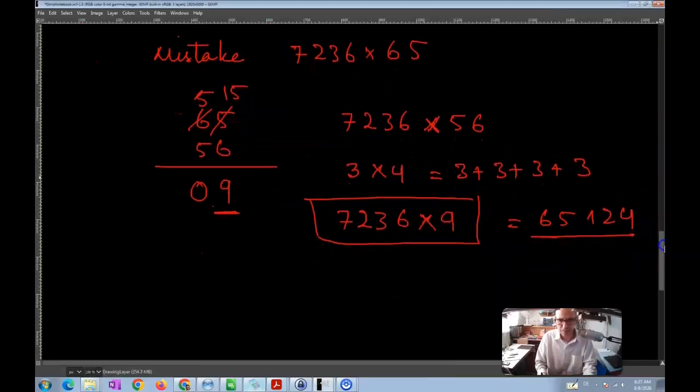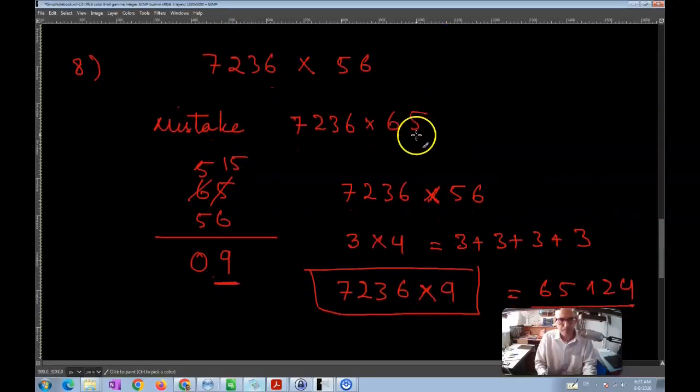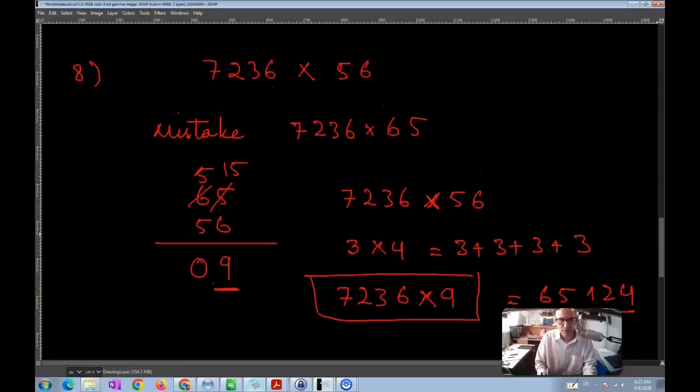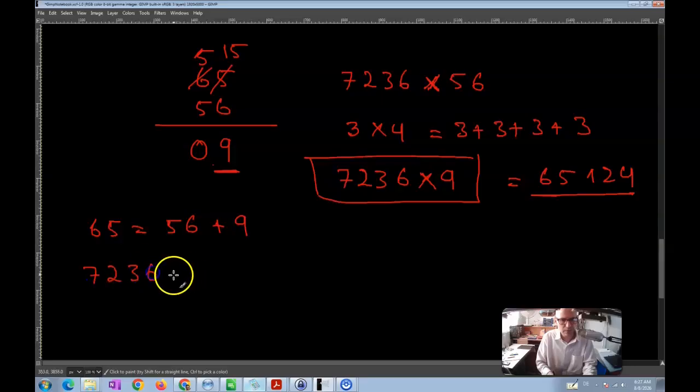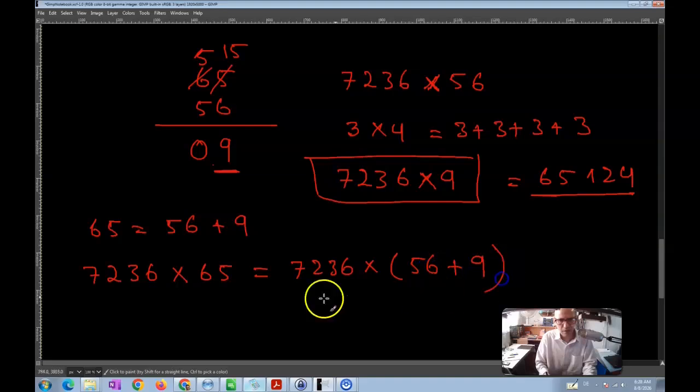You see, because of the fact that 65 is a 56 plus a 9, we can say that 7,236 times 65 is essentially nothing but 7,236 times 56 plus 9, right?